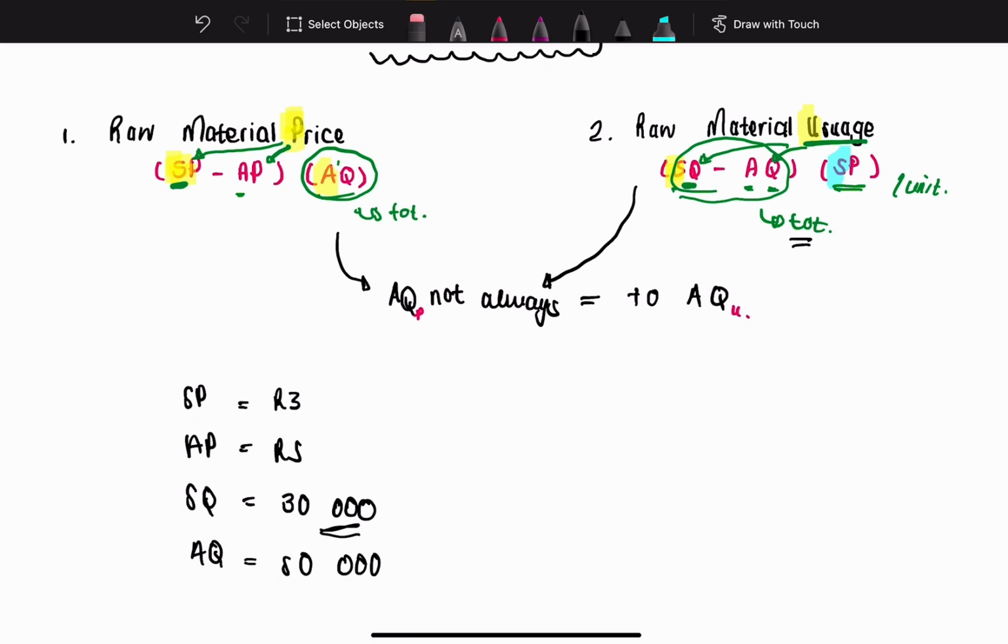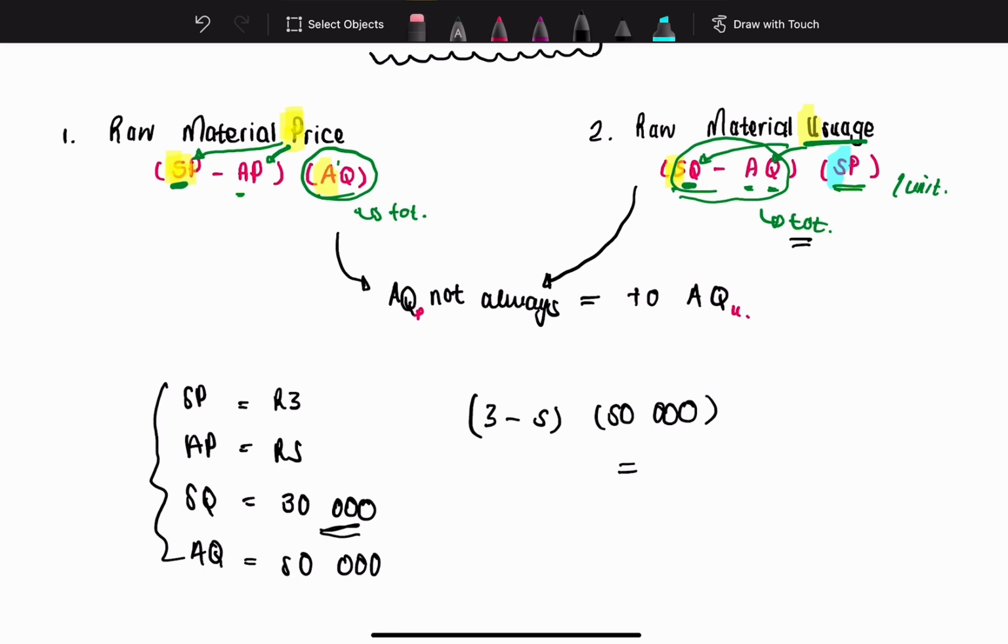So let's take a step back. Why do we do this to save time? So we just plug it into our formula, okay? So we'll say 3 minus 5 multiplied by actual quantity, 50,000, and this would give us your raw material price variance.